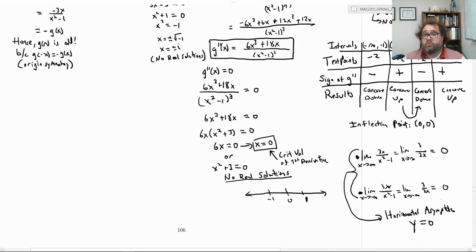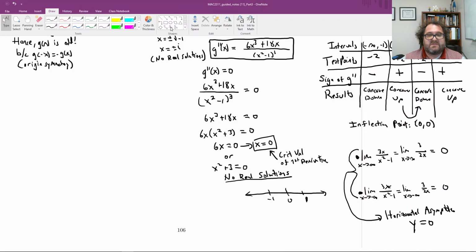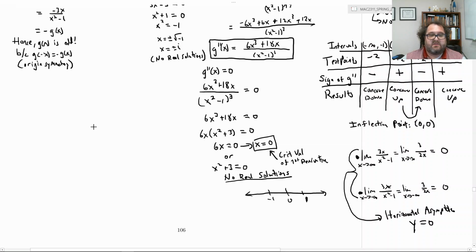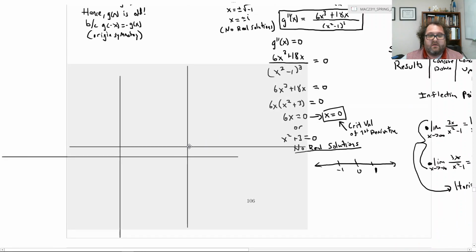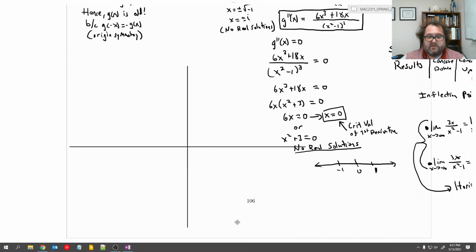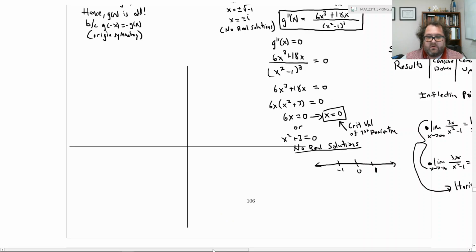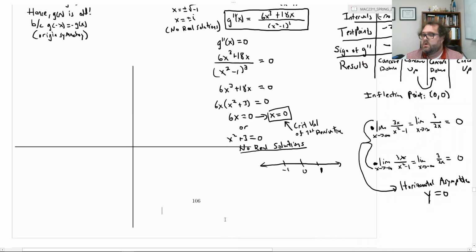Okay, I think we are ready to put it all together. So let me see if I can get OneNote to cooperate and give me a nice set of axes. Yeah. There we go. Nice big set of axes. Okay, so let's plot the known points first.